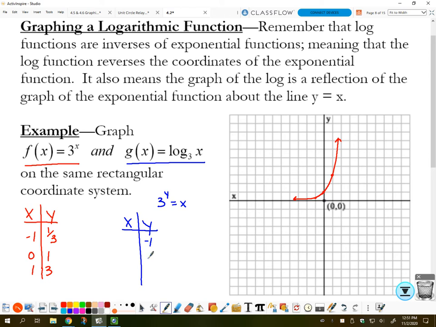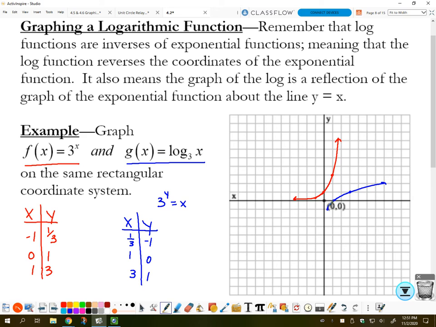And then we're going to plug in negative 1, 0, and 1 for y and get x values. So we get 1/3 here, 1 here, and 3 here. So you see how these are just reflections of each other. You just switch the x and the y. So we have a point here, a point here, and a point here.